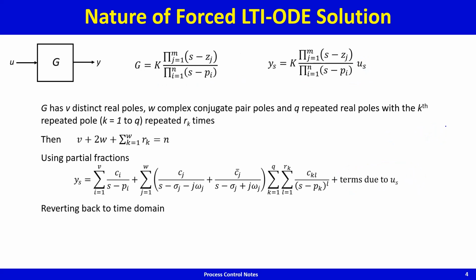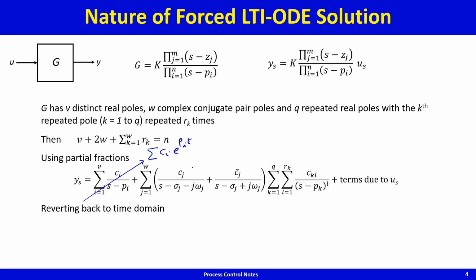Okay, now if we revert back to the time domain, this term will go to the summation of c_i e to the power p_i t. What will this one go to? The complex conjugate pair.